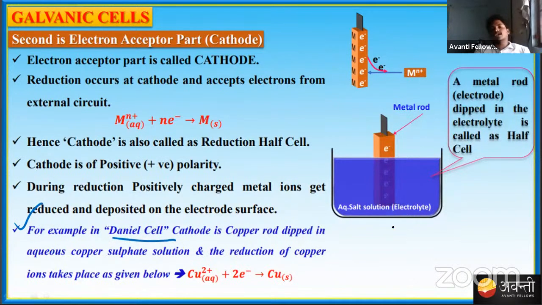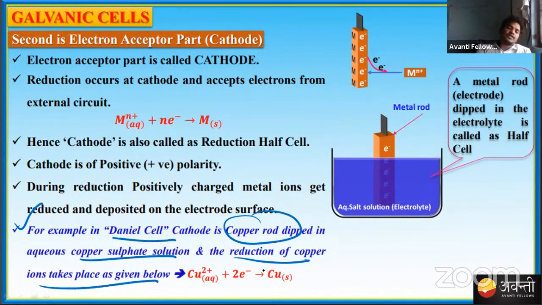In the Daniel cell, if you take the cathode as a copper rod dipped in the aqueous copper sulfate solution, the reduction of copper ion takes place. The ions inside the copper sulfate are responsible. These ions will gain two electrons and become copper.